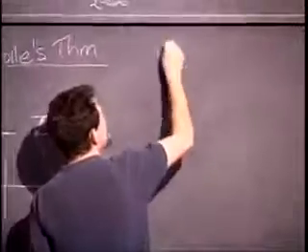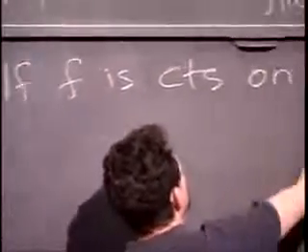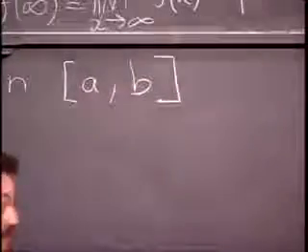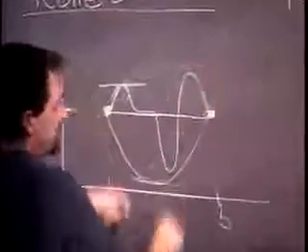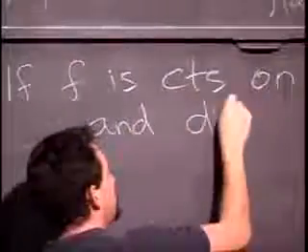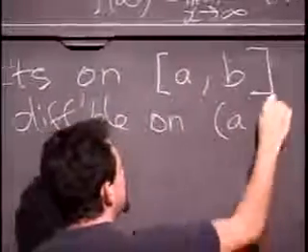this should be true. If f is continuous on a closed interval [a, b], and it's important that it be closed, meaning, of course, it includes a and b. Like this. It's continuous from the right here, and from the left here, and everywhere in between. And it's important that it is differentiable on the interval (a, b).